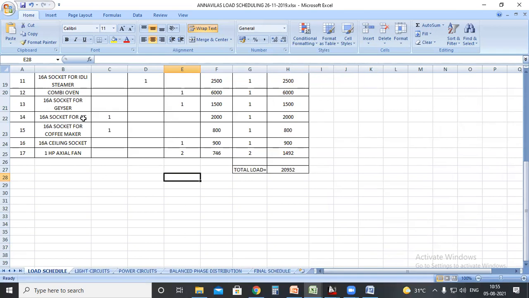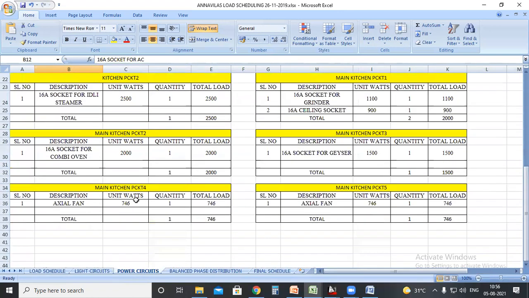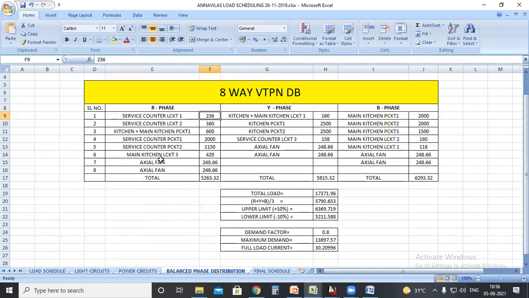In this case, when you consider this load, the 12th SL number in the primary schedule, when we prepare the power circuit for the oven, you have to mention the unit watt as 6000.